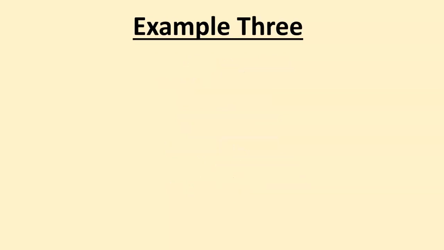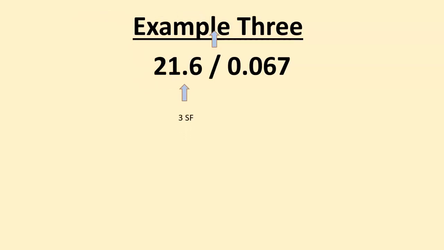Let's do a quick division problem. This is going to be example number 3. We're just going to divide 21.6 divided by 0.067. Now, that 21.6, how many sig figs, you ask? 3. And then that 0.067, that's a little bit tricky. Go back and look at the rules if this is confusing you.